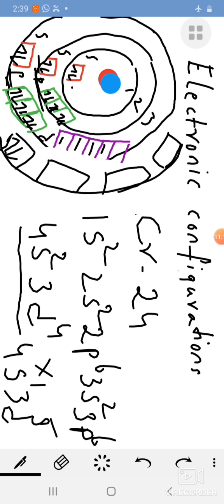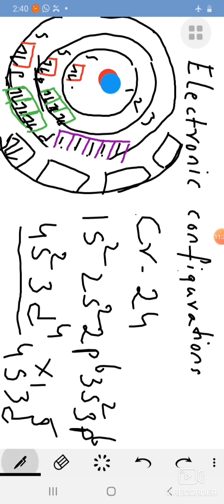Why does the electron jump from 4s to 3d5? Because the d orbital has 4 electrons, 1, 2, 3, 4. By gaining 1 electron, the d configuration becomes half filled, a stable electronic configuration.